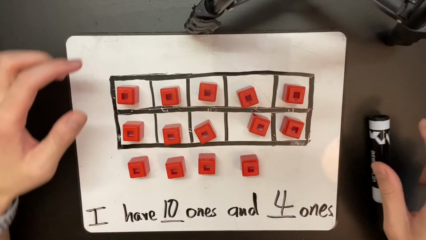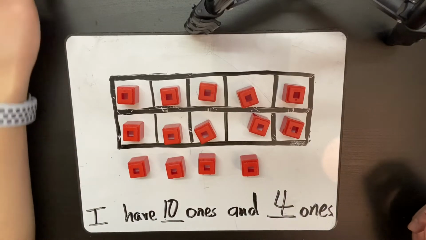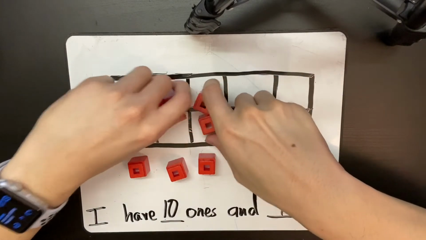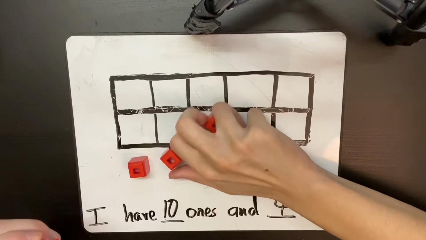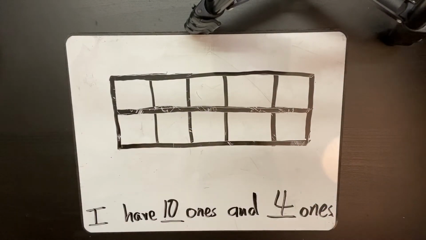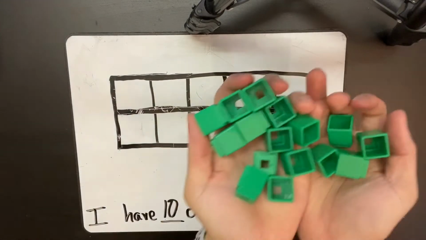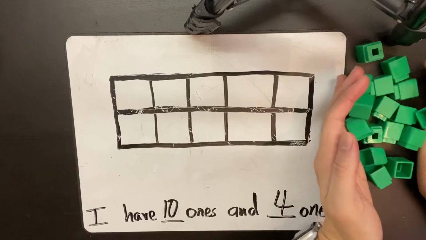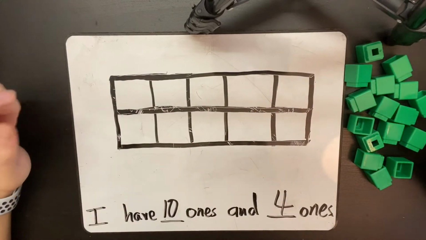All right, we're going to do one more together. Can you take a guess of what color I'm going to use next? If you said green, you are right. All right. So we're going to count these green ones.